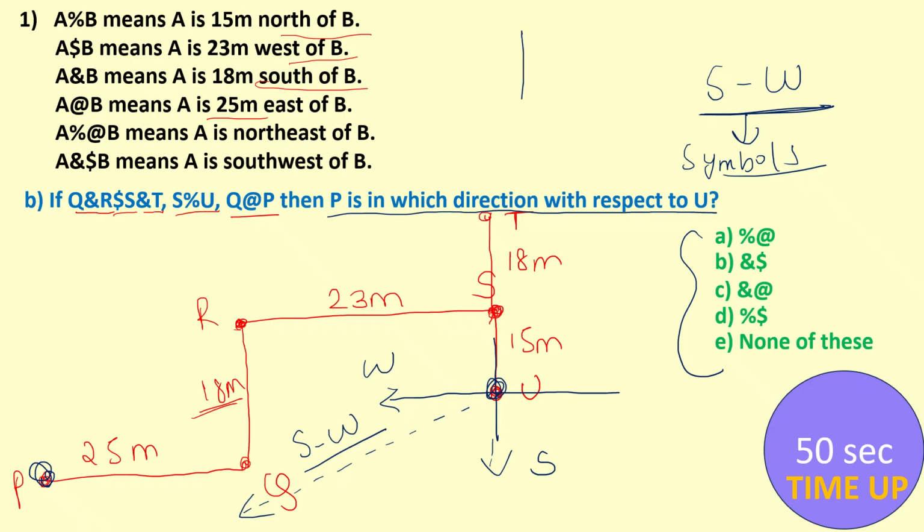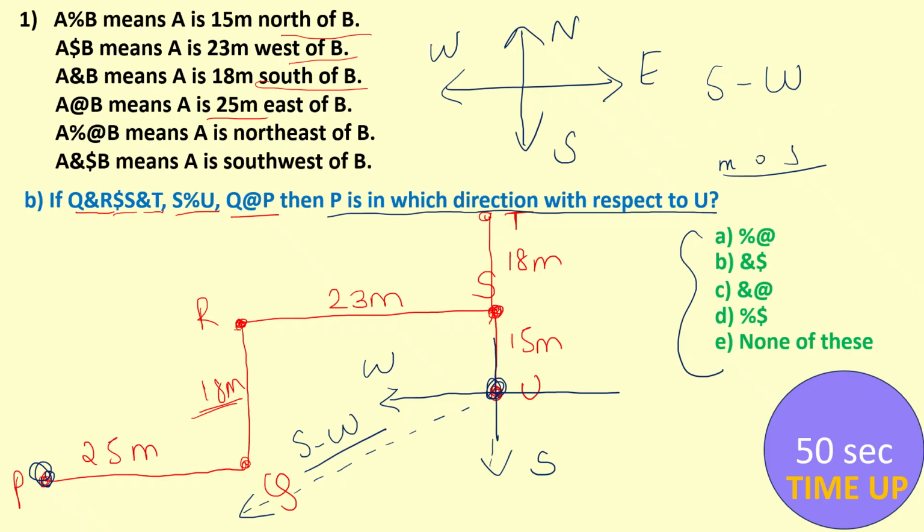So if I draw here, this is north, this is south, this is your east, and this is your west. We know it is southwest, correct? But we need to find out south is replaced by which symbol and west is replaced by which symbol.